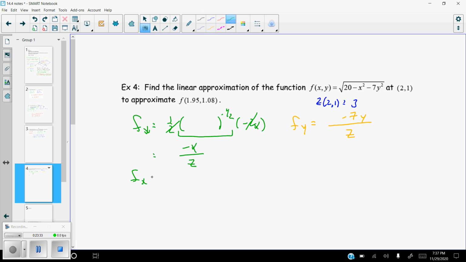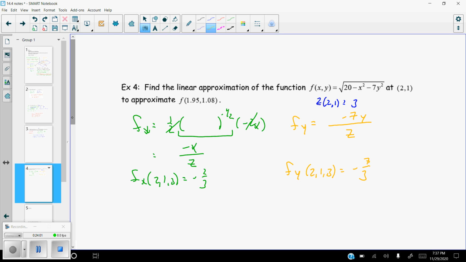I need f sub x at the point 2, 1, 3. That's going to be negative 2 over 3, or negative 2/3. And then I'm going to need f sub y at the point 2, 1, 3. So that's going to be negative 7 over 3, negative 7/3.